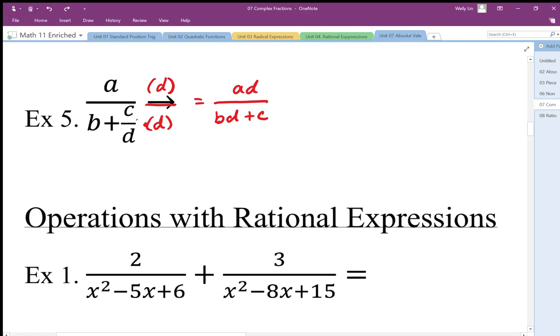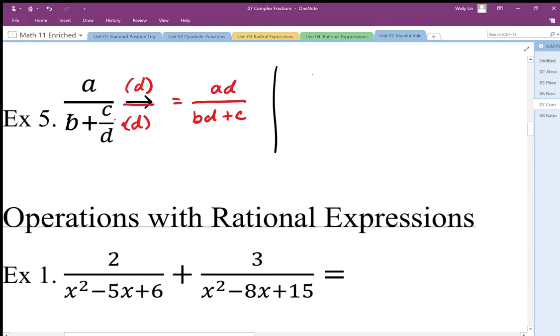We can also make this into a times divide, and we can just test out our pieces like this. We can make our denominator into BD over D, that's the same as B, plus C over D, and that's going to give us one denominator.